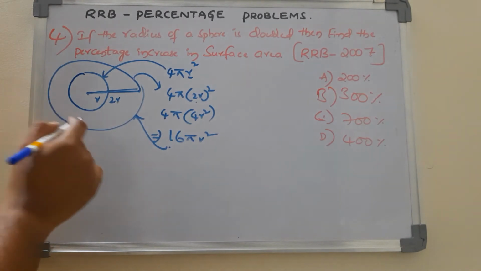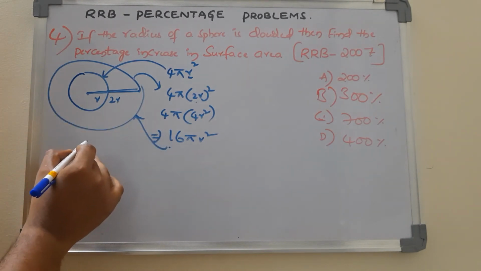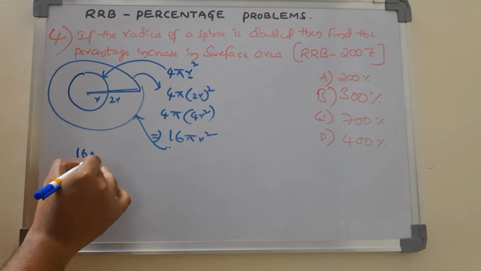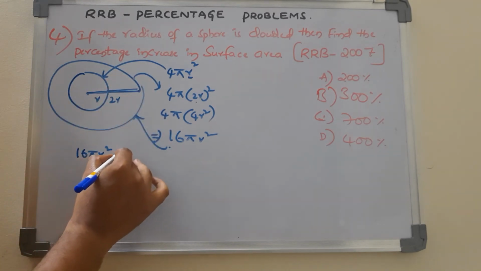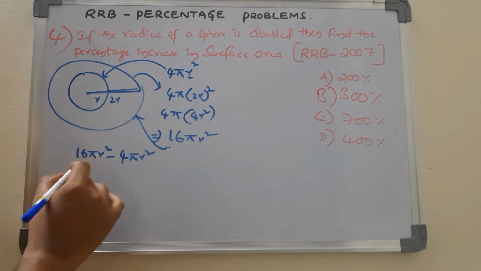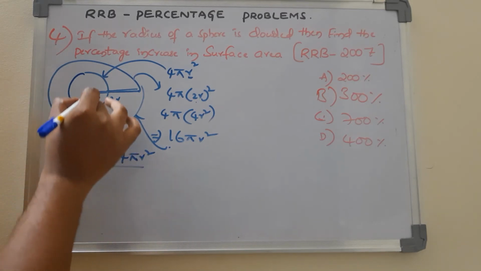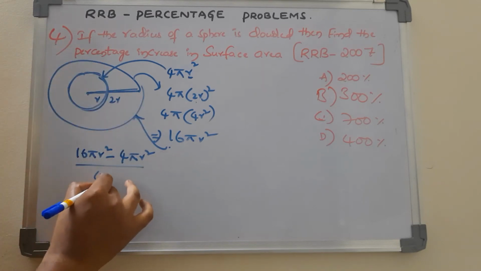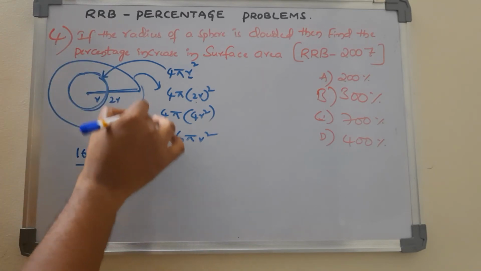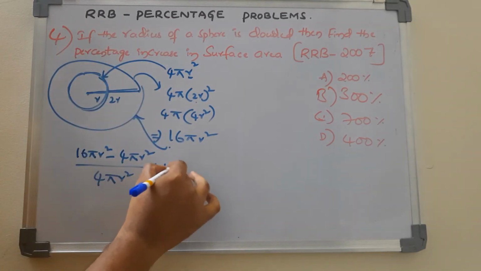We need to find the surface area of the outer sphere minus the surface area of the inner sphere, that is, with respect to the inner sphere, 4 pi r square, but we need it in percentage, so 100%.